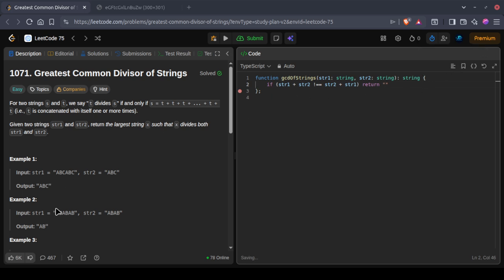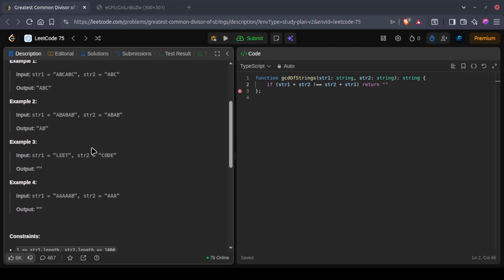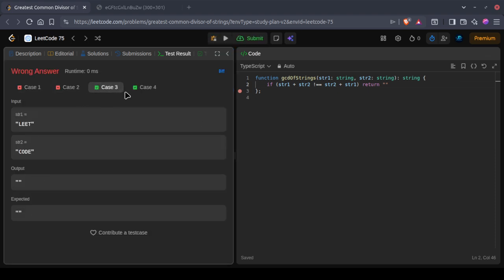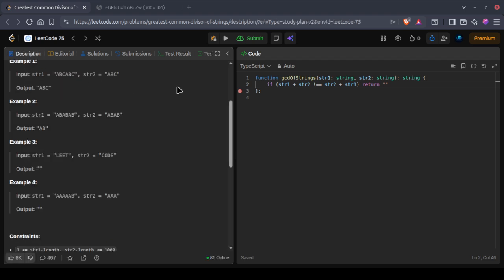Like if this lead plus code is not equal to code plus lead, we have to return the empty string, no matter what the length and other things are, just return it. So let me run this just for the safe case. Yes, it passed this one, and the same for case number 4. They are not equal after the addition.